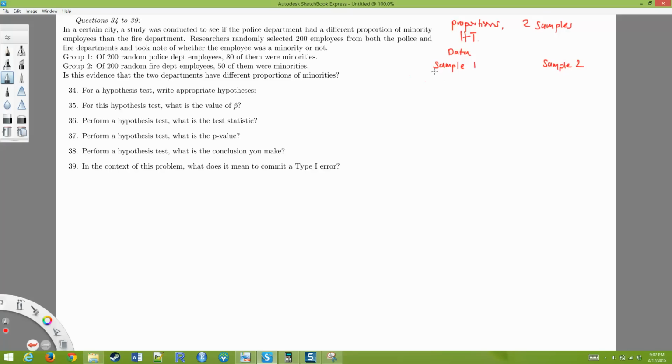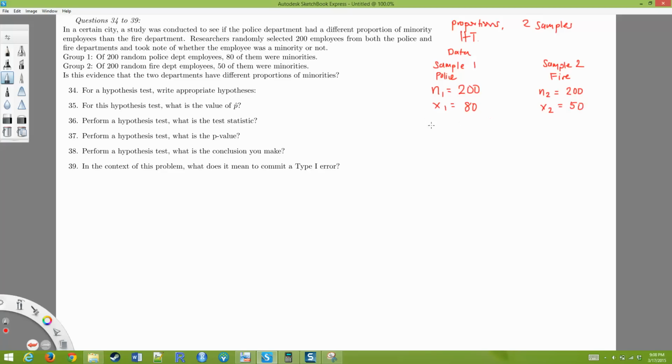Sample 1 we'll say will be the police department. How big is the sample from the police department? 200. Okay, 200 total. And how many people were minorities? 80. And in sample 2, we have the fire department. N2 will be 200.